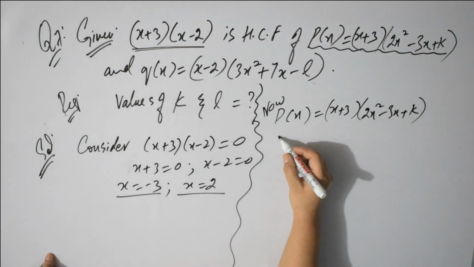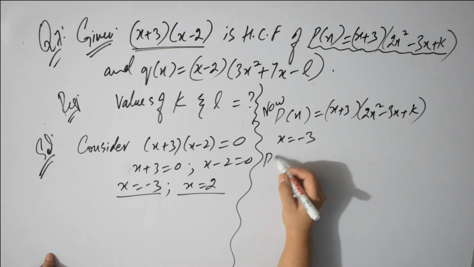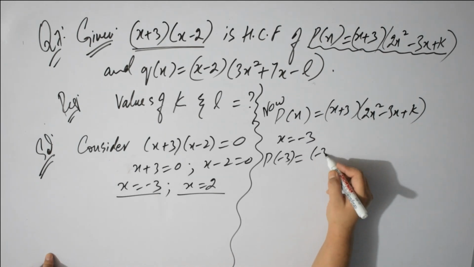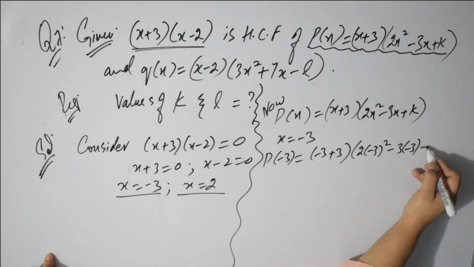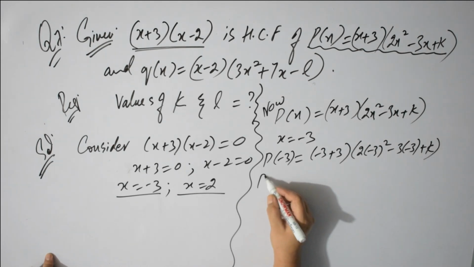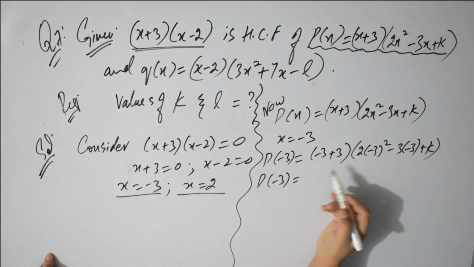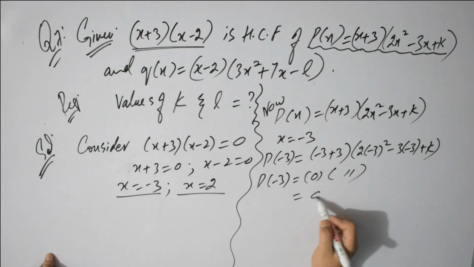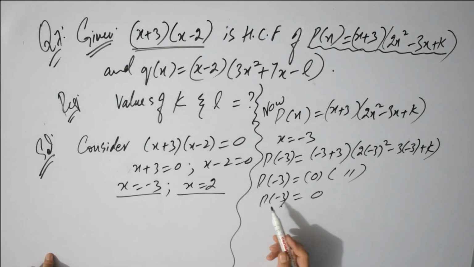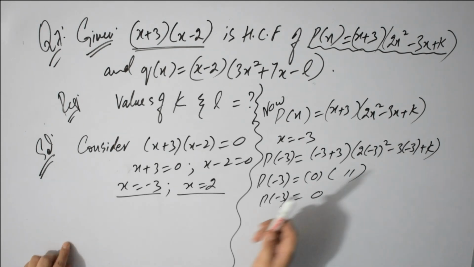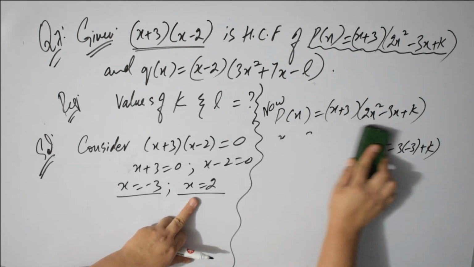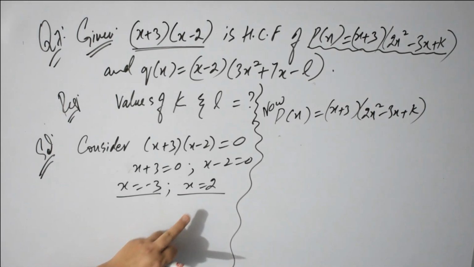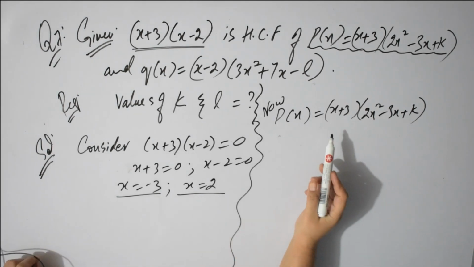See, if I put x is equal to minus 3, look students, what happened? p of minus 3 is 0 into this whole factor, which is equal to 0, and you cannot find the value of k. So this is the reason that now I am going to put the value of x is equal to 2, because a factor completely divides, remainder 0.